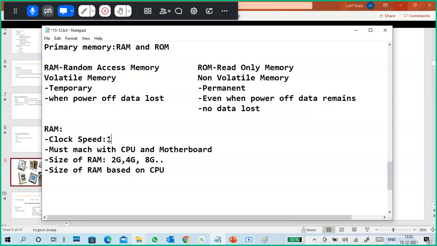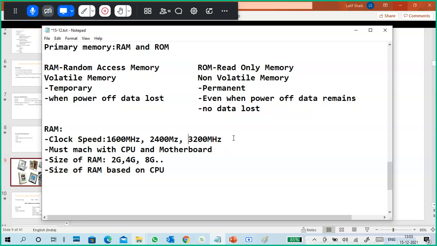Clock speeds are the same thing: 1600 megahertz, 2400 megahertz, different speeds are there, 3200 megahertz. Just try once on Amazon or Flipkart, type RAM, and you will get a lot of details. Look at it and you will understand.